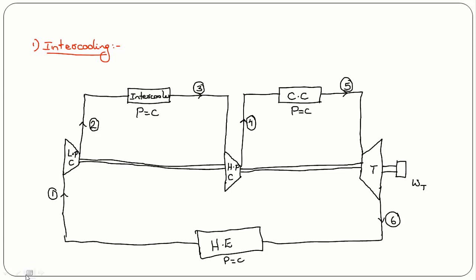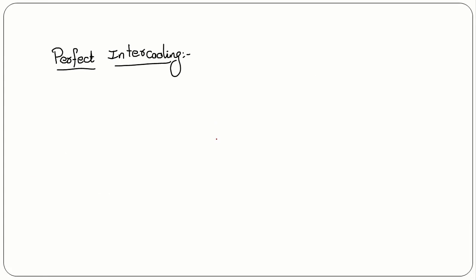That means the temperature at which air is entering the low pressure compressor, let us say this is T1, and the temperature at which air is entering the high pressure compressor, this is T3. So in the perfect intercooling condition, the temperature at entry to both the compressors should be the same. So T1 must be equal to T3.